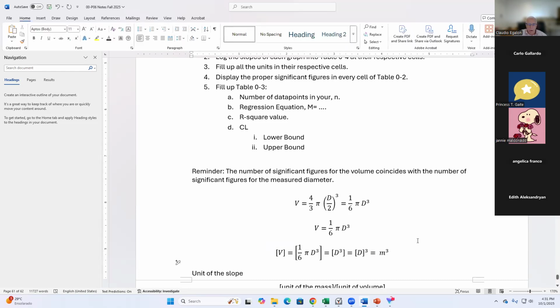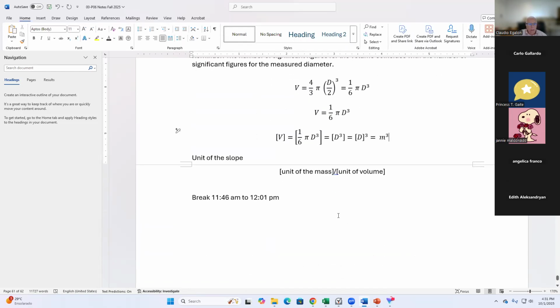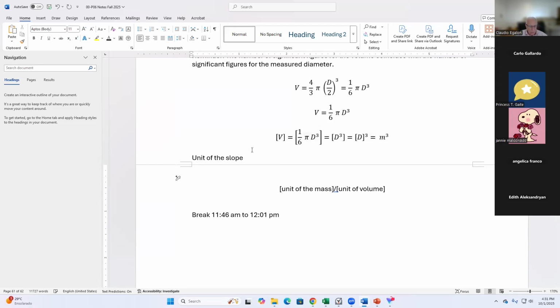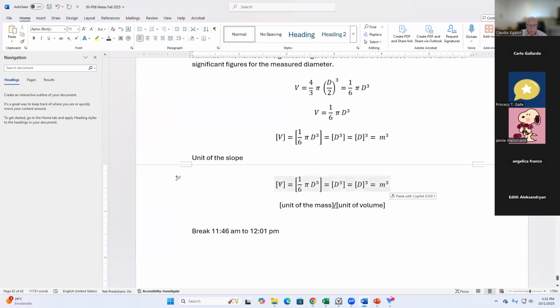And now you have the unit of the mass. Unit of the slope: we usually represent the slope by the letter rho.